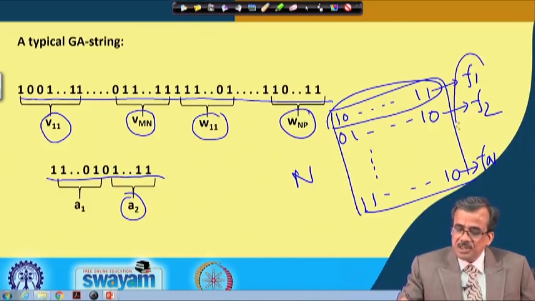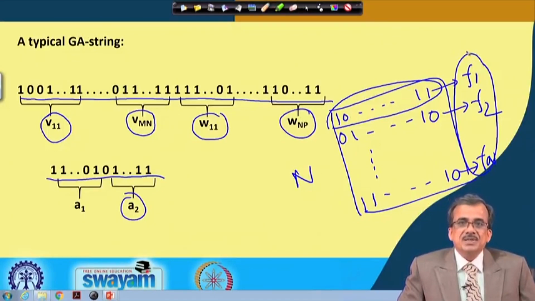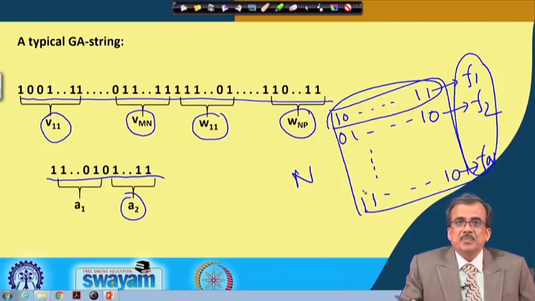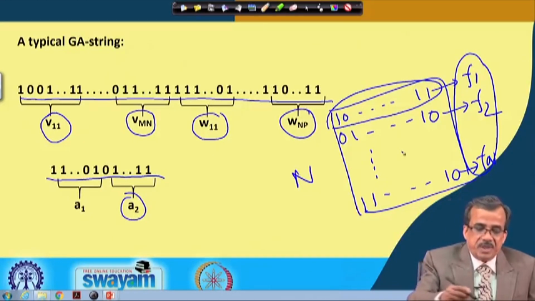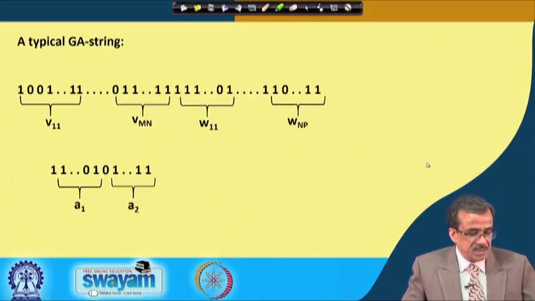Once you have this fitness information, we can use the operators like reproduction, crossover and mutation, and through a large number of iterations, the GA will try to find out that particular network which will be able to predict this input-output relationship very accurately. Now, how to define this fitness?